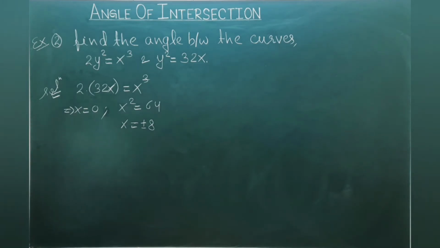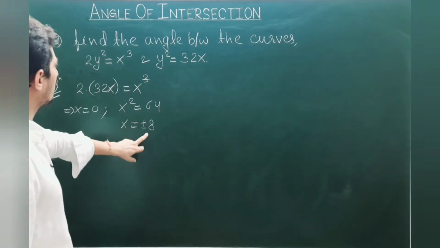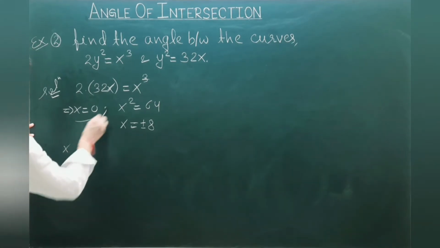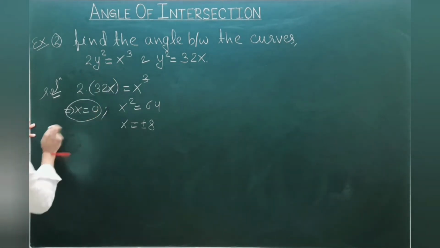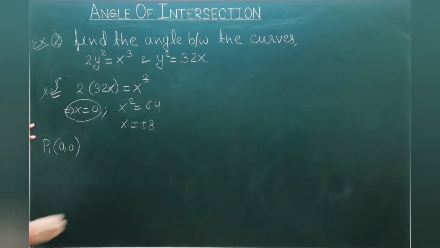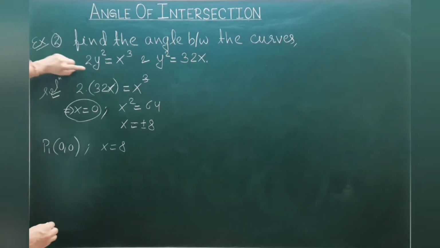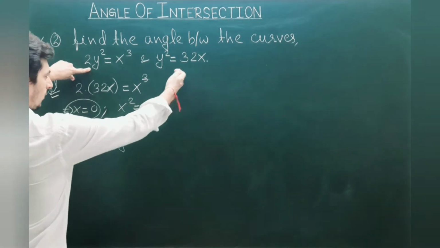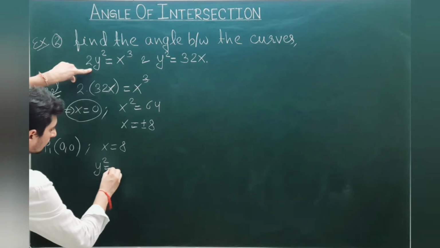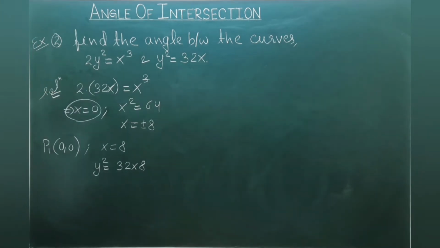Okay, so now let's see what y we have. For x equals 0, clearly y is 0. So the first point is 0 comma 0. The next point, for x equals plus 8, you can calculate from anywhere, y square equals 32 into 8, which is nothing but 256.